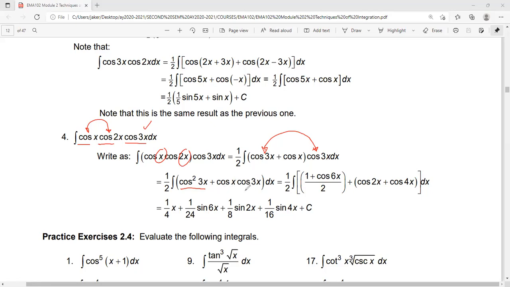Whereas this one will be converted using the formula that you have used here on top, the product of two cosines having different angles. So you add the two angles, that would be 4x. You subtract the two angles, that would be 2x. So this is it. Now both, this one by the way, will have over 2. So there's a typo here, class. So you should have 1/2 here.